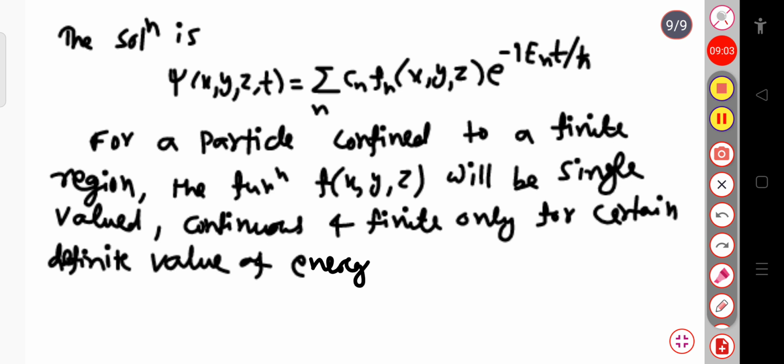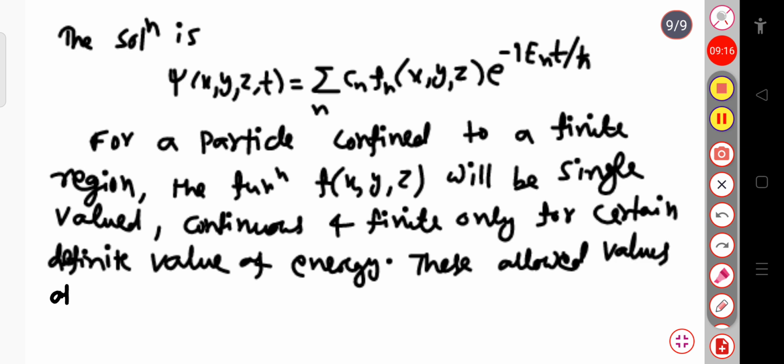These allowed values of E are called the eigenvalues.